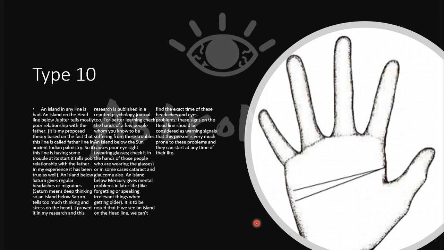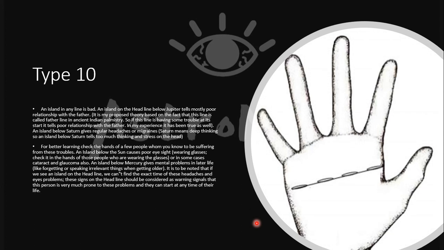Let's also talk about another thing, which is the island. An island in any line is very bad because it gives a poor relationship with father, and also mental trauma.